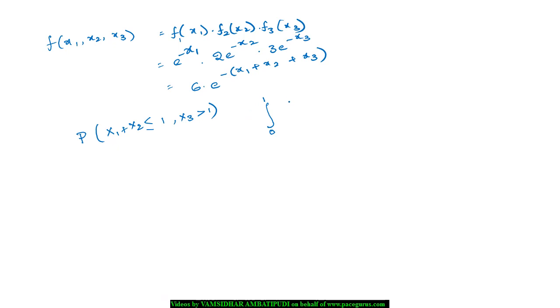Because x1 plus x2 is less than or equal to 1, x2 will be lying between 0 and 1 minus x1, since x2 is less than or equal to 1 minus x1. x3 is greater than 1, so I'll take it as 1 to infinity.